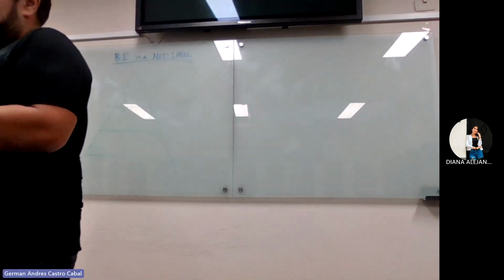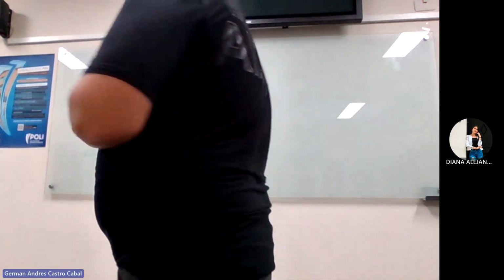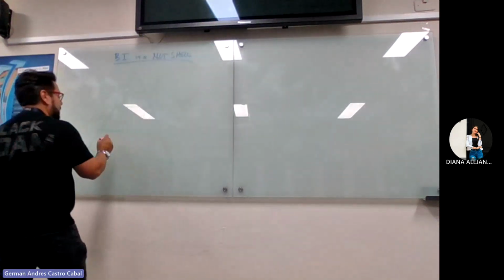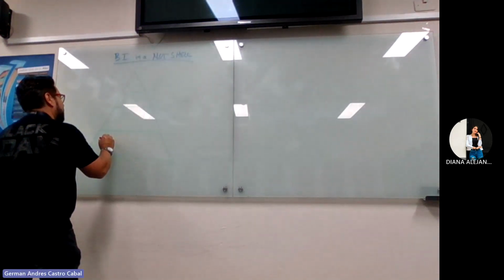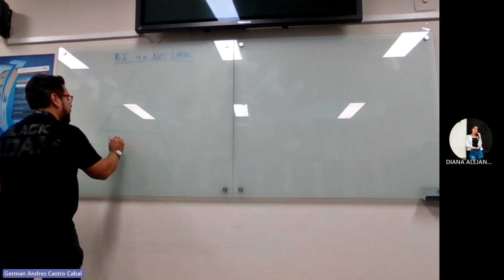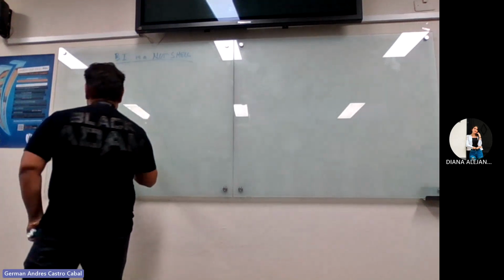The first one, the one at the bottom, is called data. Data is going to be the base of the pyramid, because it's the thing that gives origin to everything else.